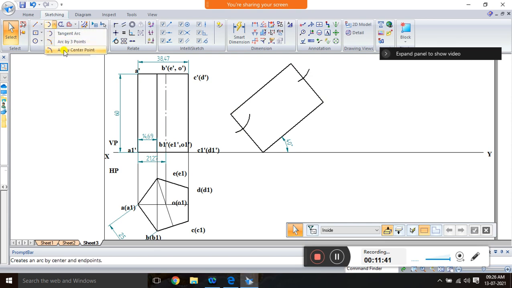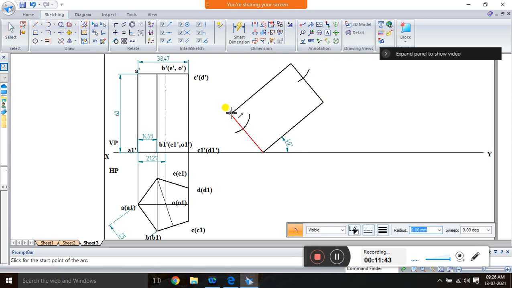So use the same compass, place here, and the distance is 21.27, cut one more arc, and place here 21.27 and cut one more arc.